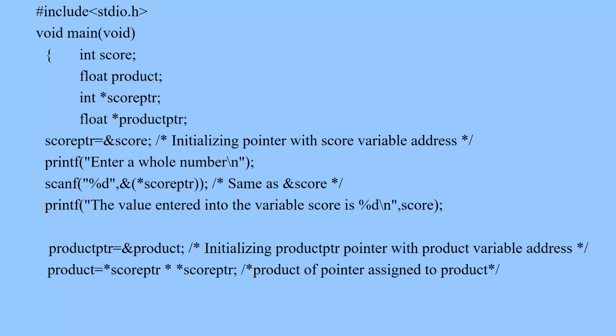So we are indirectly referring to what score pointer points to, the memory of the variable being pointed to by score pointer. As it stands for now, score pointer has been initialized with the score variable address. So whatever is in the variable called score will be picked and multiplied by itself, and the results will be stored in the variable called product.